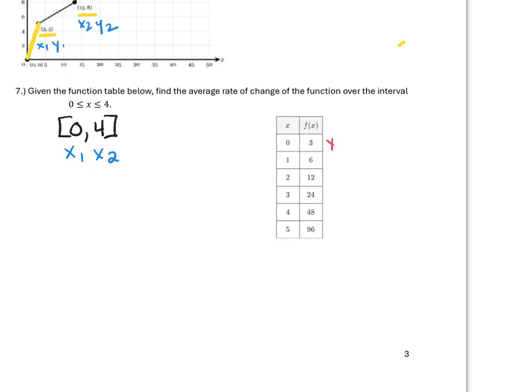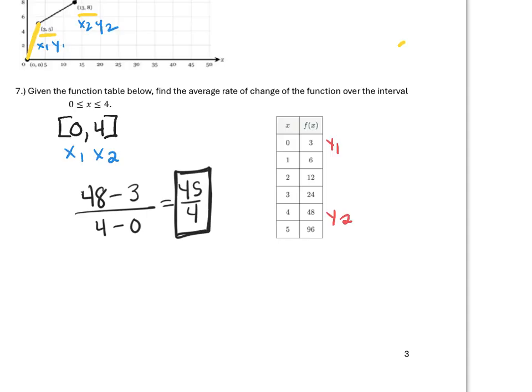So this would be our y1, and this would be our y2, because that's what corresponds with 0 and 4. So then to find our average rate of change, we would say y2 minus y1 over x2 minus x1. So 45 over 4, and that doesn't simplify any further. So that would be our average rate of change. Okay? So just know that the inequality notation will show up as well, but it means the same thing.